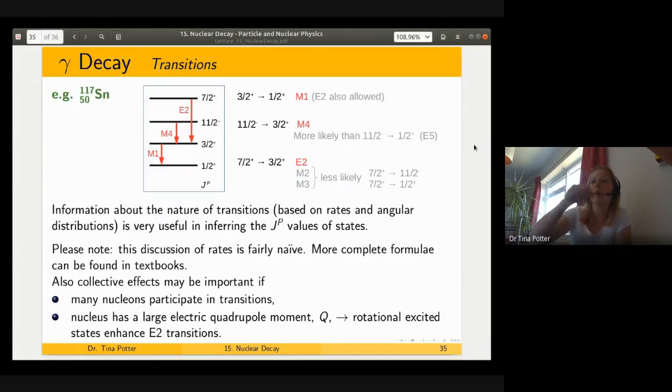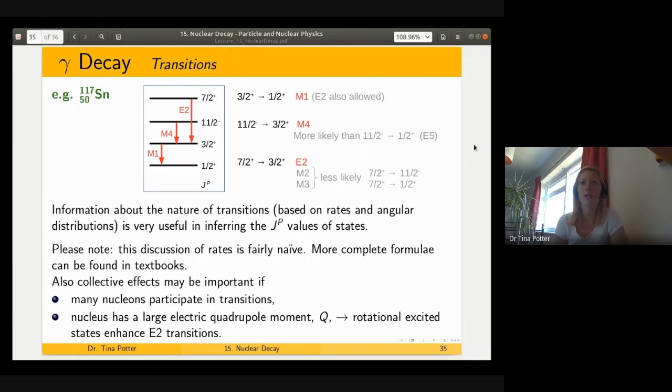All right, so for all of these rates that we've been discussing for the gamma ray decay rates, they are pretty simple and straightforward. There are many other textbooks that will take into account more collective effects, for example, that are quite important if quite a few of the nucleons are participating in transitions.